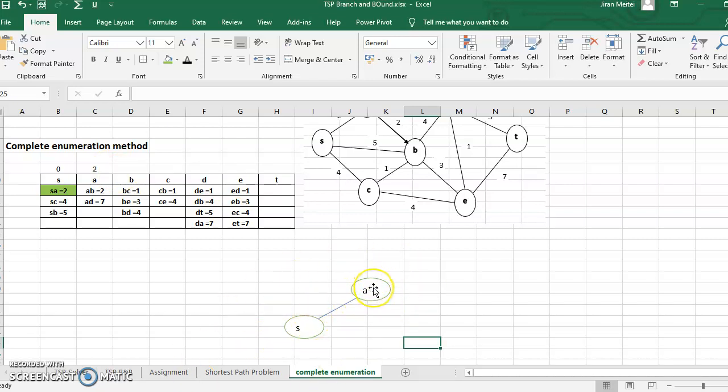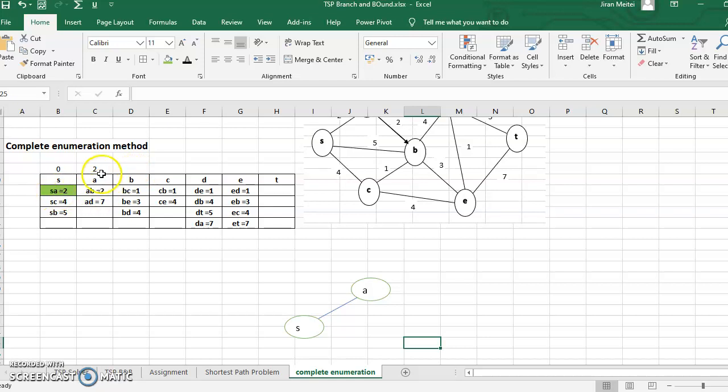From these 2 tree nodes, we'll try to reach out to the remaining nodes of the network, and this again will be done using the connections given over here. So I'll check, if you go from S, then the best option is C with a distance of 4. If you go from A, then the best option will be B with a distance of 2 plus 2. Remember, the distances are always going to be measured from the starting node.